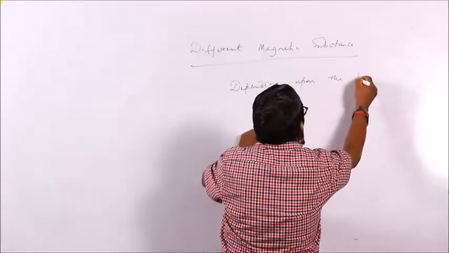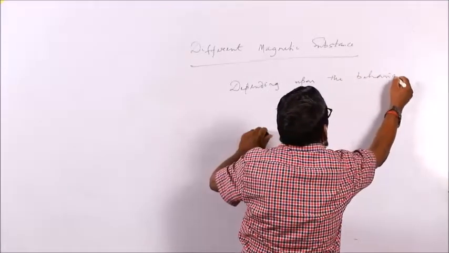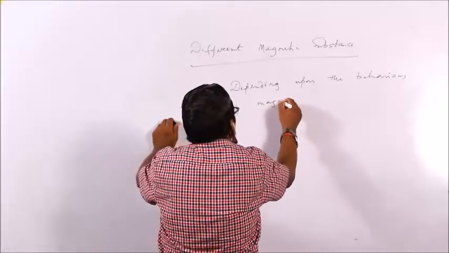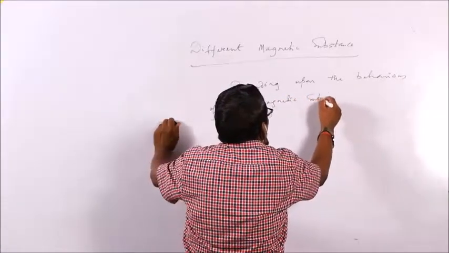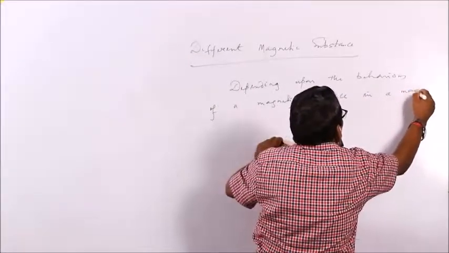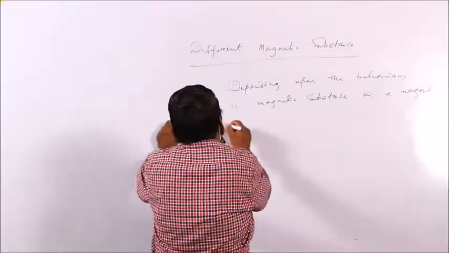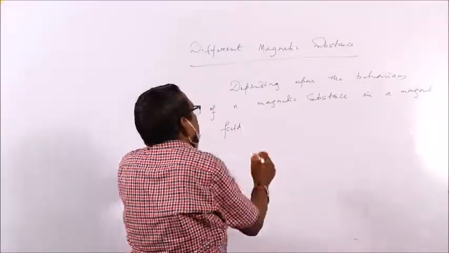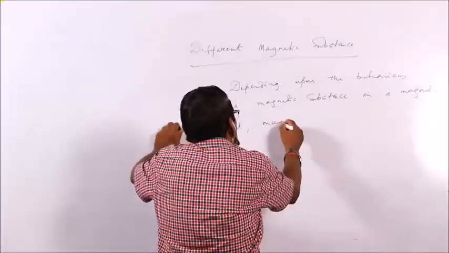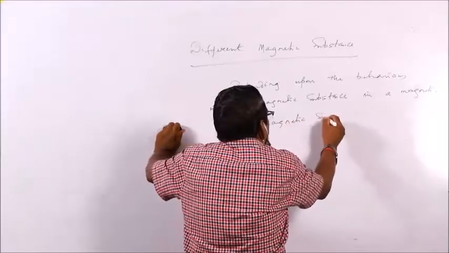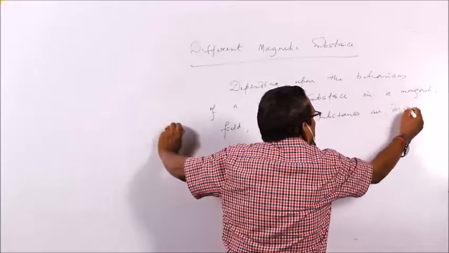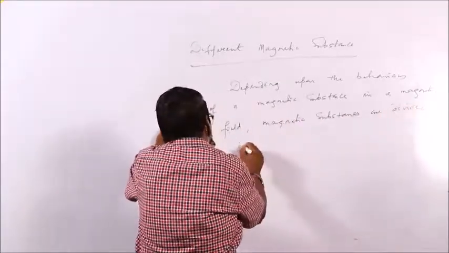Depending upon the behavior of a magnetic substance in a magnetic field, magnetic substances are divided into three types.